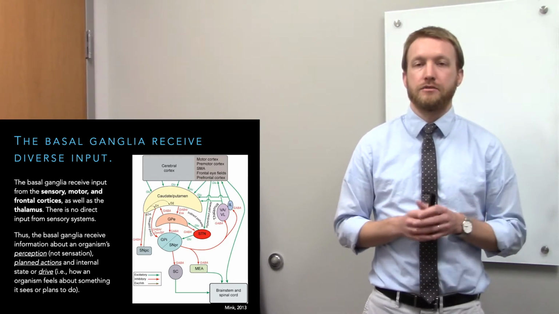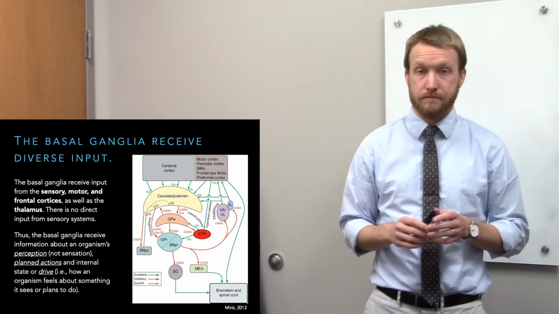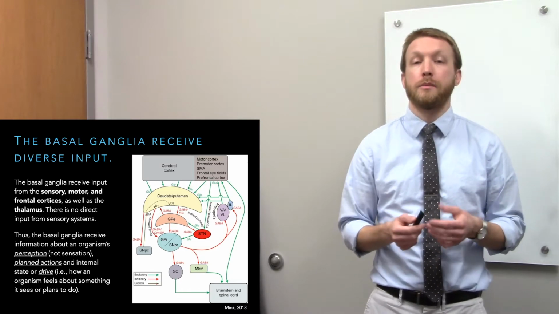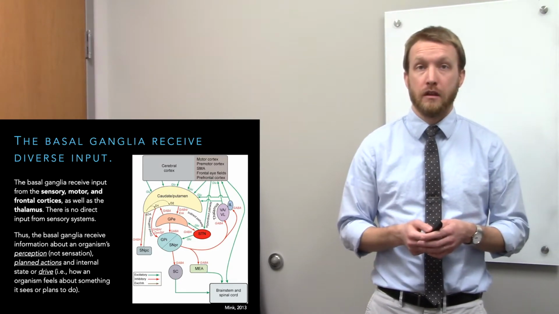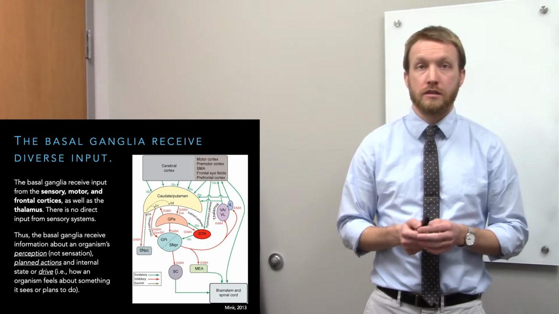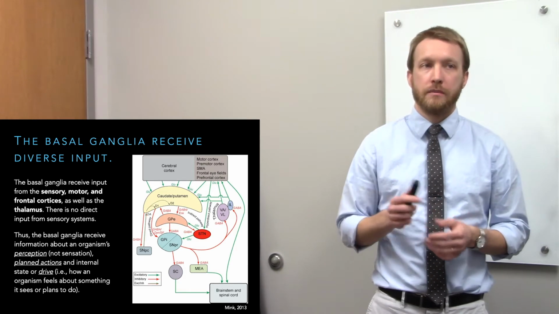We're not getting sensory input. We are getting our perceptions, though, and we're getting our plans. And that's what the basal ganglia needs to know in order to determine, is this the right thing to do? So we'll be going through all of these different connections in this talk. It looks like a mess, because it is a mess, but we'll try to make sense of it.